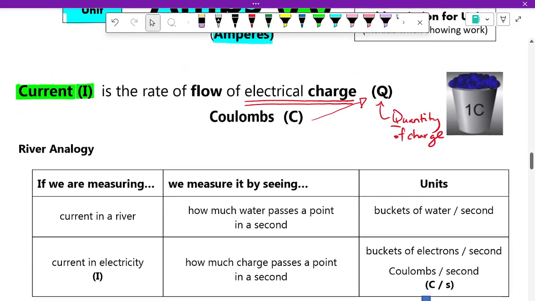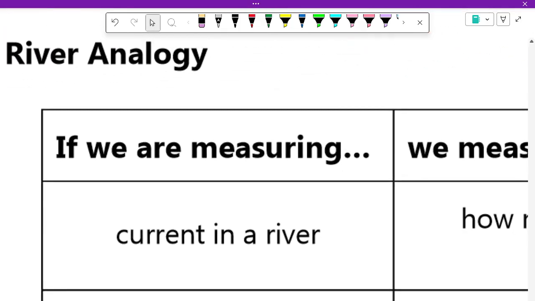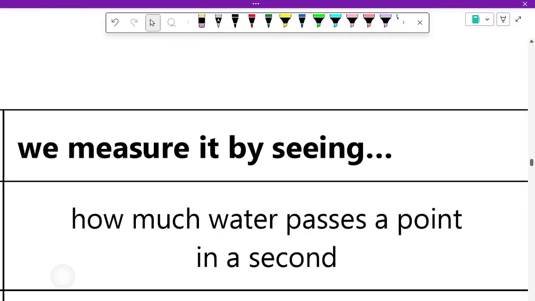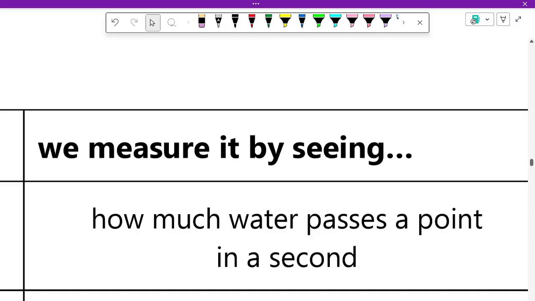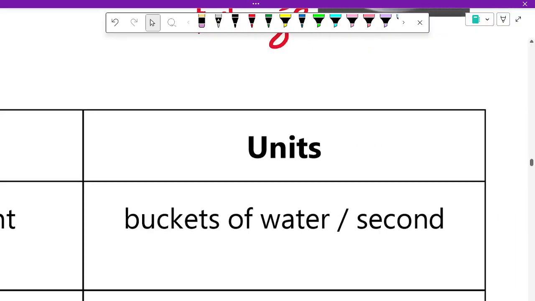So here's our little analogy of a river. If we are measuring the current in a river, we measure it by seeing how much water passes a point in a second. And our units for that could be buckets of water per second.